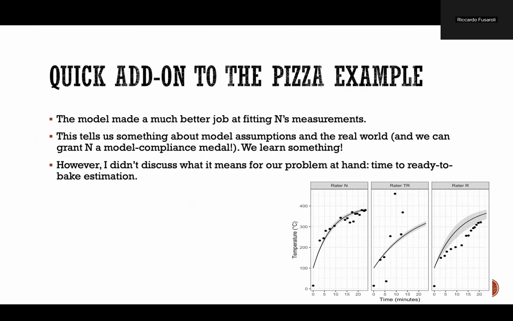How do we escape? Because the model is telling us, well, if you want to reach 400 degrees or whatever, you need to wait, let's say, 17 minutes. Can we trust the model? Yes, Martin?